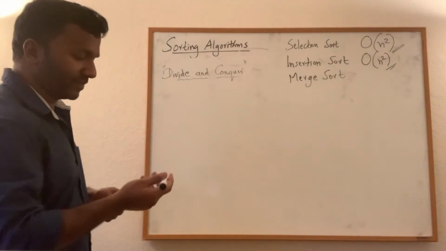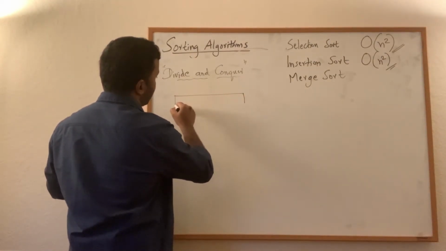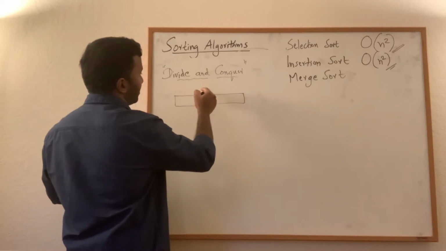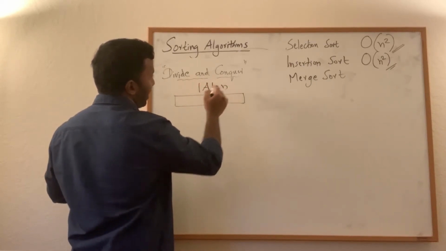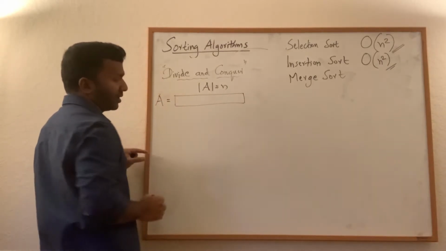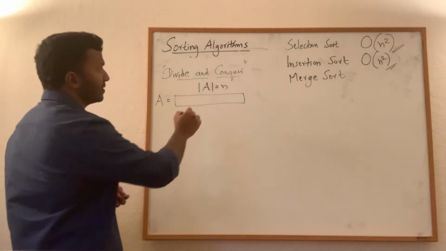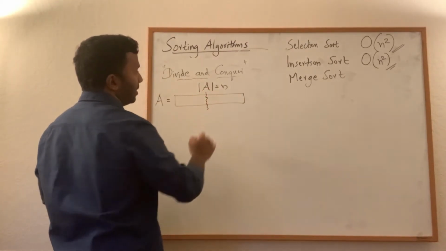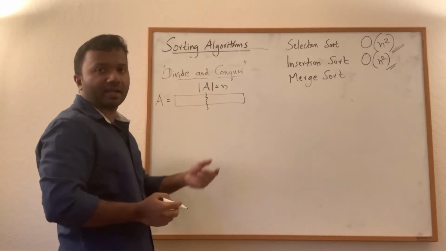So the idea is this: your task is to sort an array A. So let's say this is array A and the size of A is n, okay, and we want to sort this array. What we will do is, first we will divide this array into two sub-arrays, a left part and a right part.